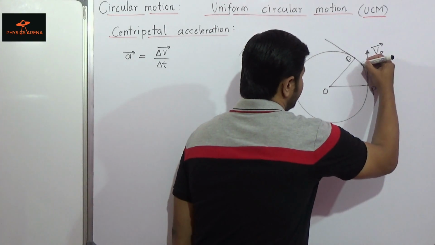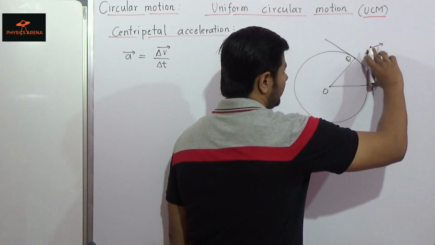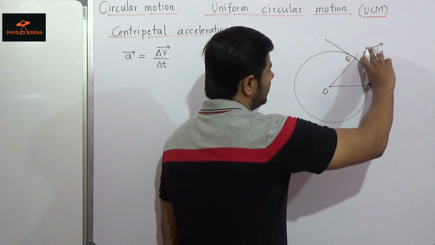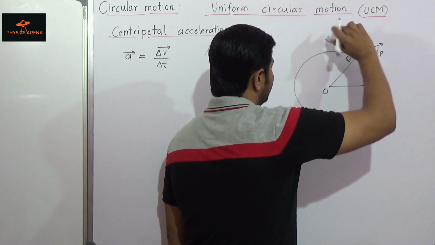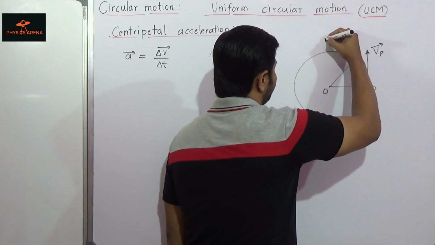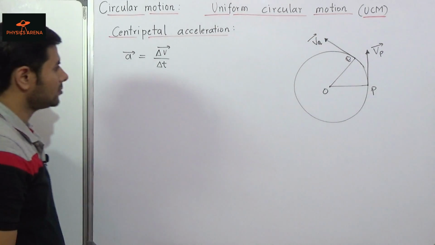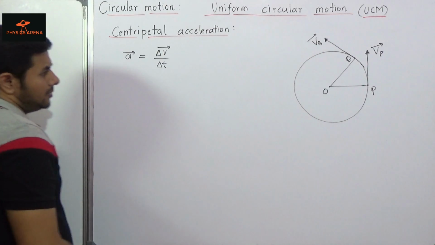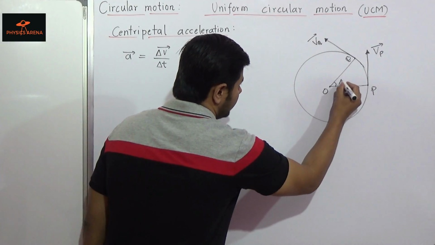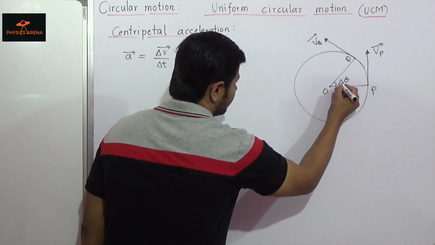But since speed remains constant, the magnitude of velocity will be the same, and therefore the length of this vector will be the same as the length of this vector. So this is VQ bar, and suppose this angle is delta theta.